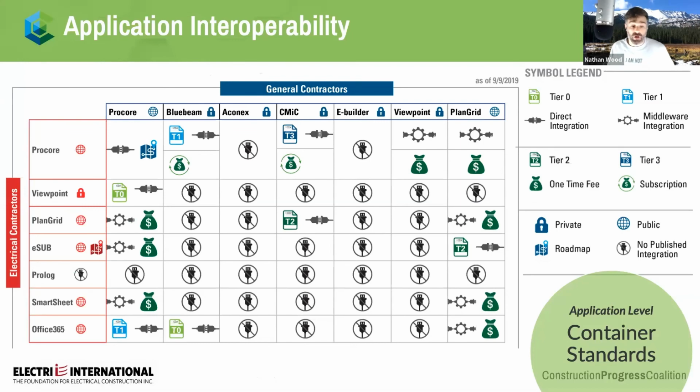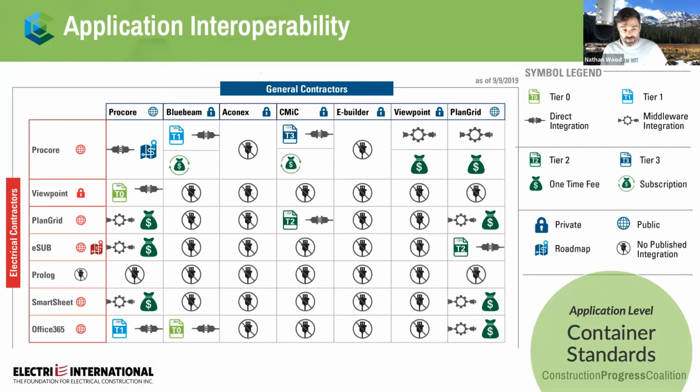Here is where we'd look at the application level integration standards. This is a little dated now, from September of last year, but it's just an example of different project management platforms that either an electrical contractor or a general contractor would be using, and what their current interoperability capability is, whether it's API driven or open file exchange driven.